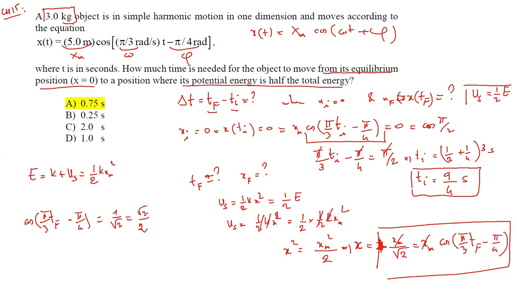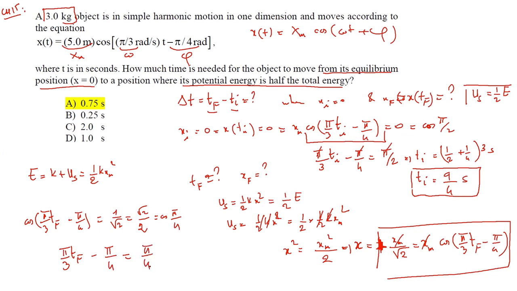Which angle has a cosine square root of 2 divided by 2? Pi over 4, right? So I end up with pi divided by 3 t final minus pi divided by 4 is equal to pi divided by 4.